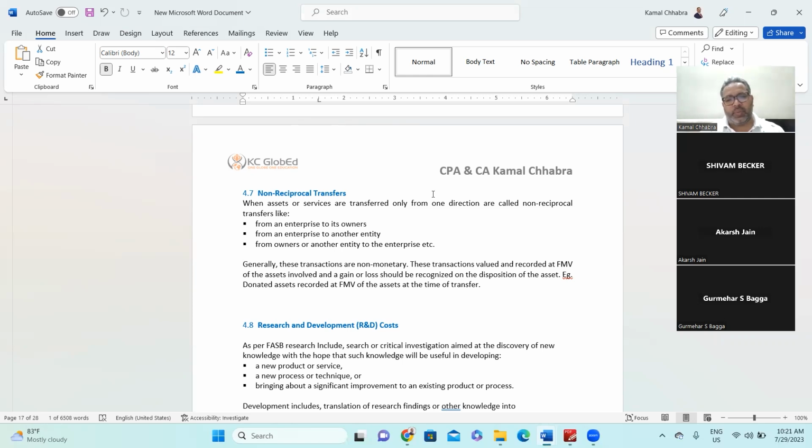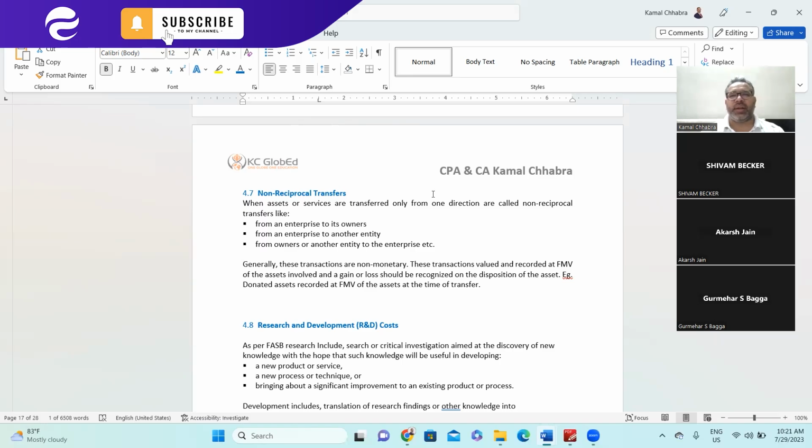That can be in the form of a transfer from an enterprise to its owner. The entity may give certain property or some asset of the entity to its owner in the form of a dividend. Second could be from one enterprise to another enterprise, from parent to subsidiary or subsidiary to parent, or entities under the same umbrella.